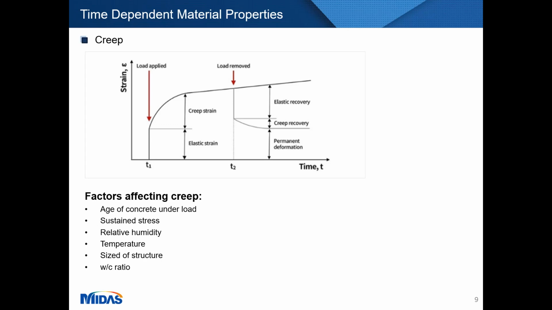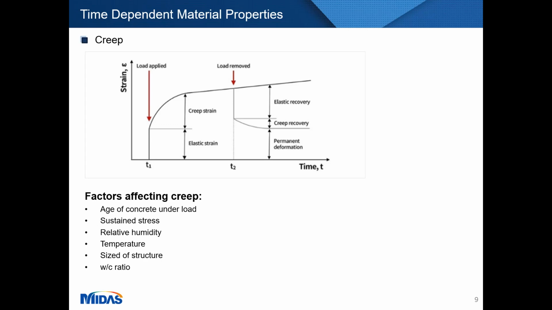There are various factors that affect creep as well. A few of them are the age of the concrete under load, the level of sustained stress, relative humidity, temperature, size of structure, and water cement ratio. These are the factors that affect creep, and this is how creep action occurs in a structure.